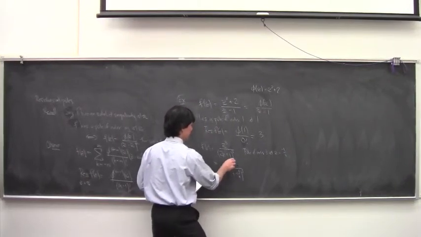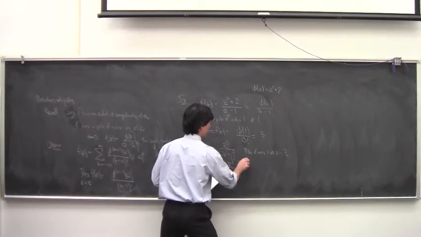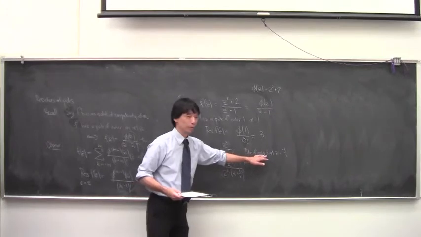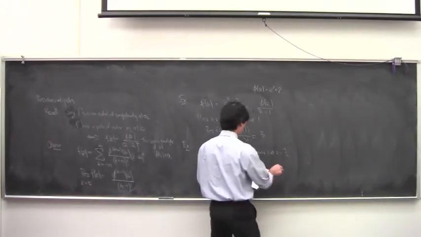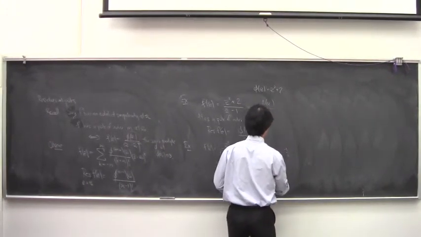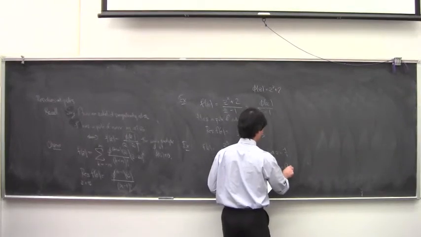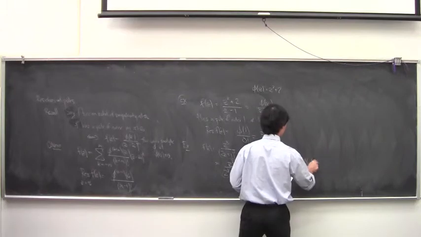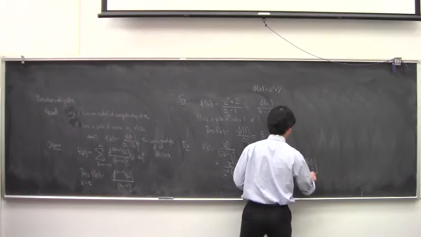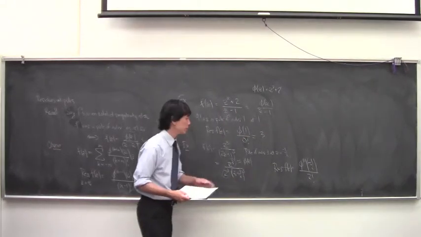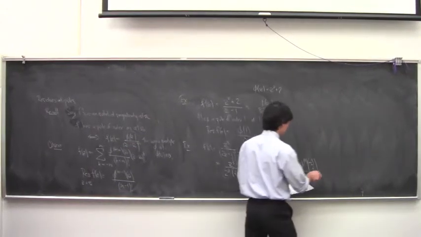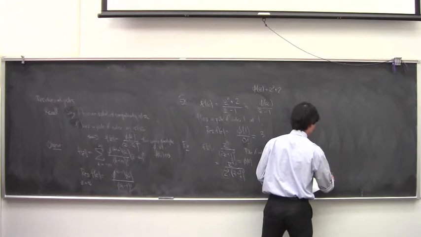This thing is our phi. Since it's a pole of order 3, to find the residue we take the second derivative, evaluate it at negative a half, and divide by 2 factorial. So you take the second derivative of this and evaluate it at the point, and you get negative 3 over 16.